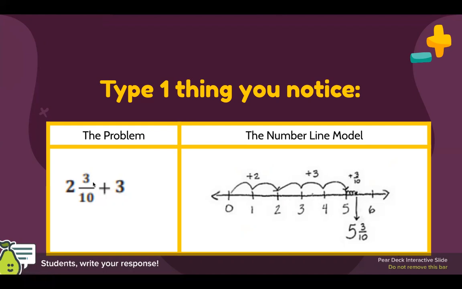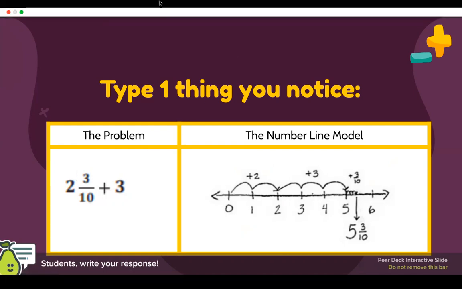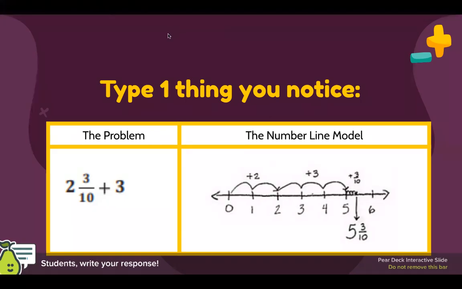And if you were to actually write this out, let me find my drawing tools. There it is. Remember, you want to write it vertically, so it'd be 2 3/10, and you'd want to write this right over top of 3, but there's no fraction down here.